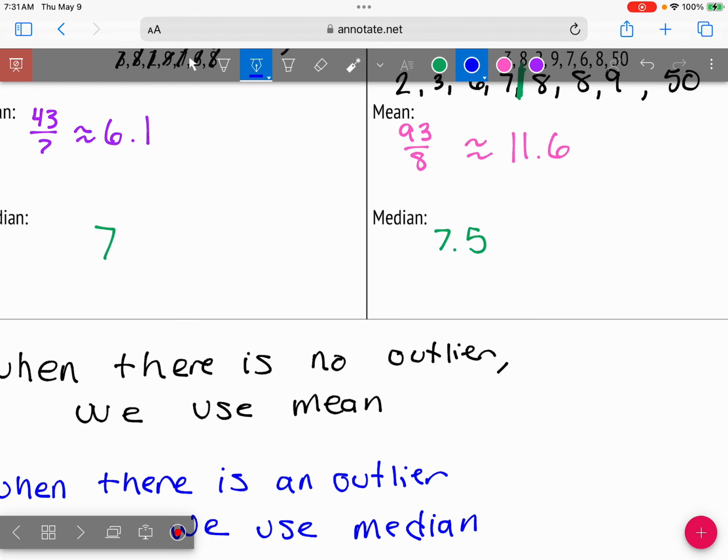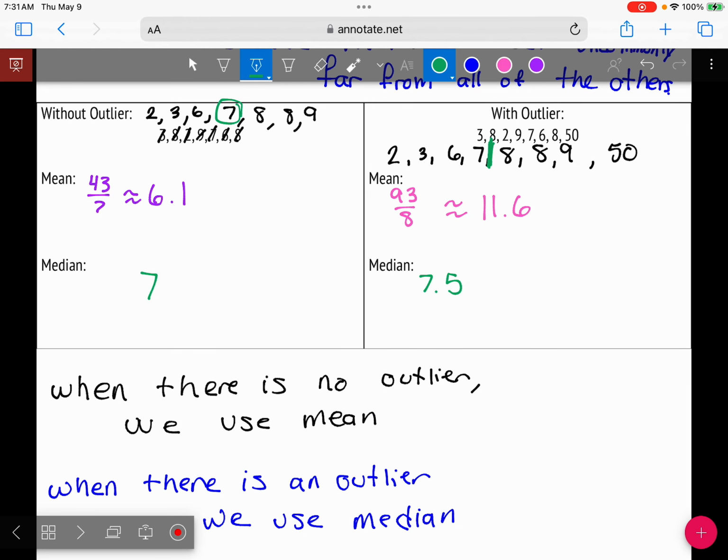And we can tell when we have an outlier by seeing, first of all, if these are fairly close together, there's no outlier. If we're looking at a picture, no outlier stuff will be symmetrical, like matchy-matchy-ish. Meaning box and whisker plots will have vaguely the same size pieces like that.